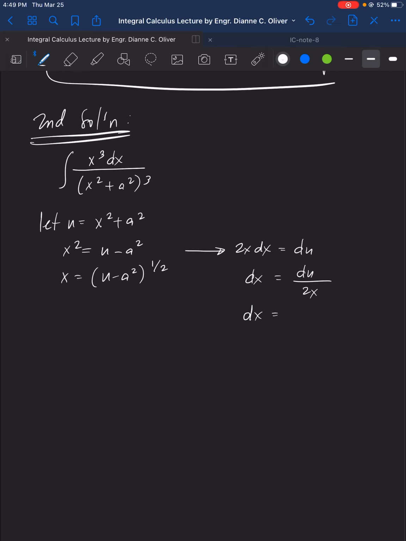So dx is equal to du all over 2 times u minus a squared raised to 1/2. Again, I forgot the 2 there. Okay, let's check.